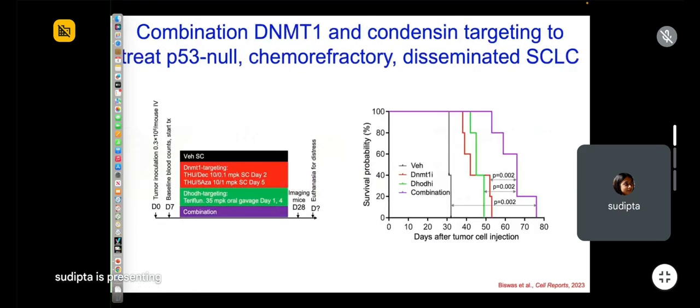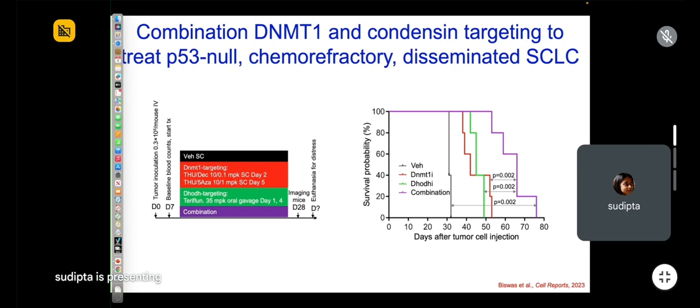Now, we wanted to combine these two, DNMT1 inhibition as well as SMC4 inhibition by using the teriflunomide. And we did the survival assay, and you can see we mentioned the DHODH inhibitor. Why I'm telling this, I need to explain. DNMT1 targeting uses deoxycytidine analog, the last one, which will incorporate into the DNA.